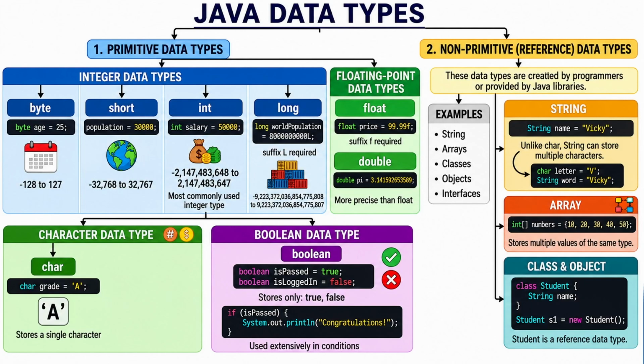Talking about non-primitive data types, these data types are created by programmers or provided by Java libraries. Examples of non-primitive data types are string, arrays, classes, objects, and interfaces.